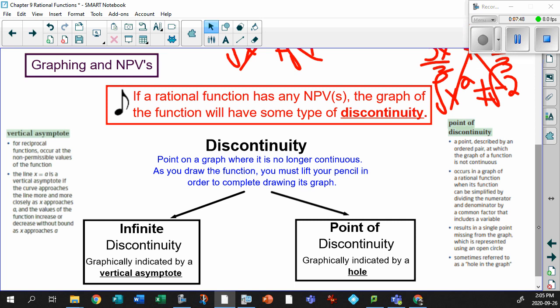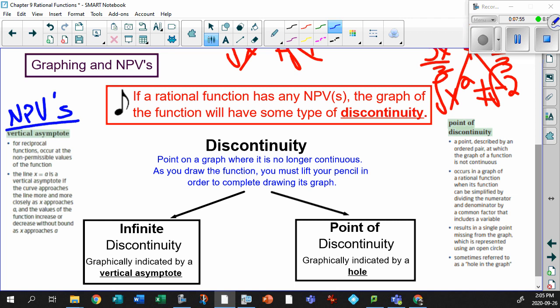Okay, so graphing and NPVs. Here we go. Remember, this is primarily what we did in Math 20-1. In Math 20-1, we said the NPVs give us something called a vertical asymptote.